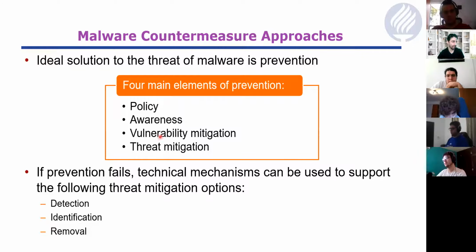So it's very important, after that happens, when prevention fails, that we are able to detect, identify, and then take action and remove the threats. So first prevention, then if malware passes through the prevention stage, we should be able to detect, identify, and remove it.